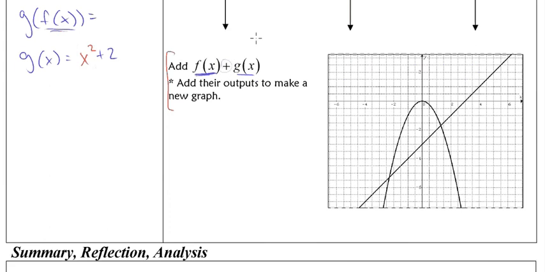So let's start with when x is 0, because let's call the parabola, we'll call that one g of x, and the line we'll call f of x. So g of x is going to be the one here in blue.